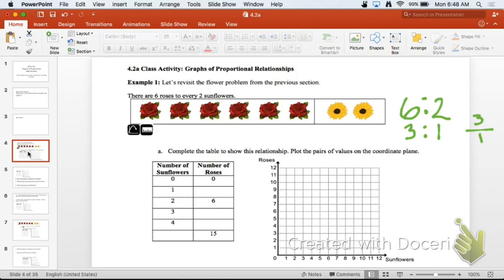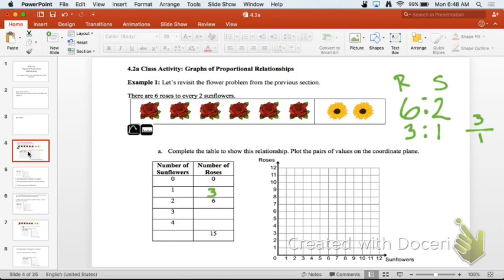Now, I have to be really careful when I come down here to the table. Now that I've thought about all of those things, I see it has my sunflowers labeled first. So what I need to do is remember that this was roses to sunflowers. Now I look at my table and I say, when I have 1 sunflower, I should have 3 roses.